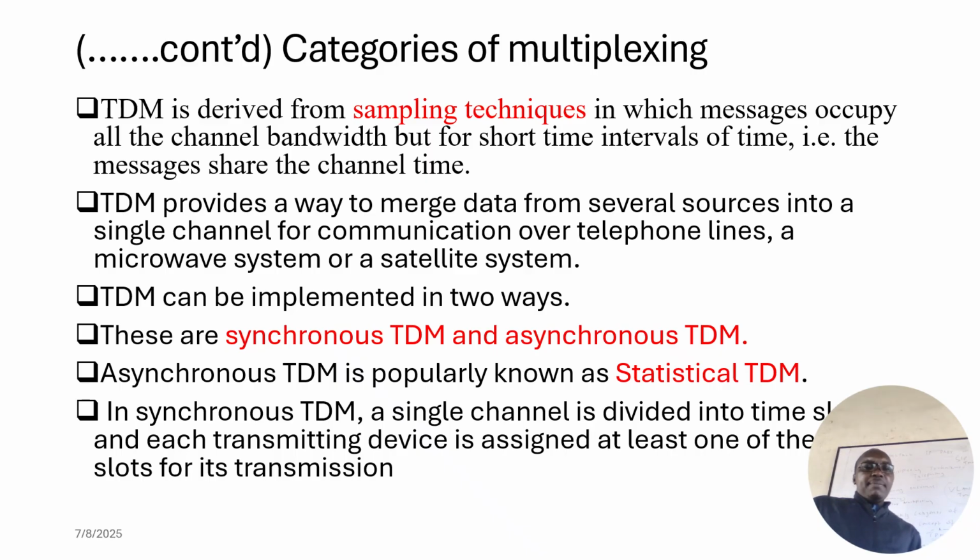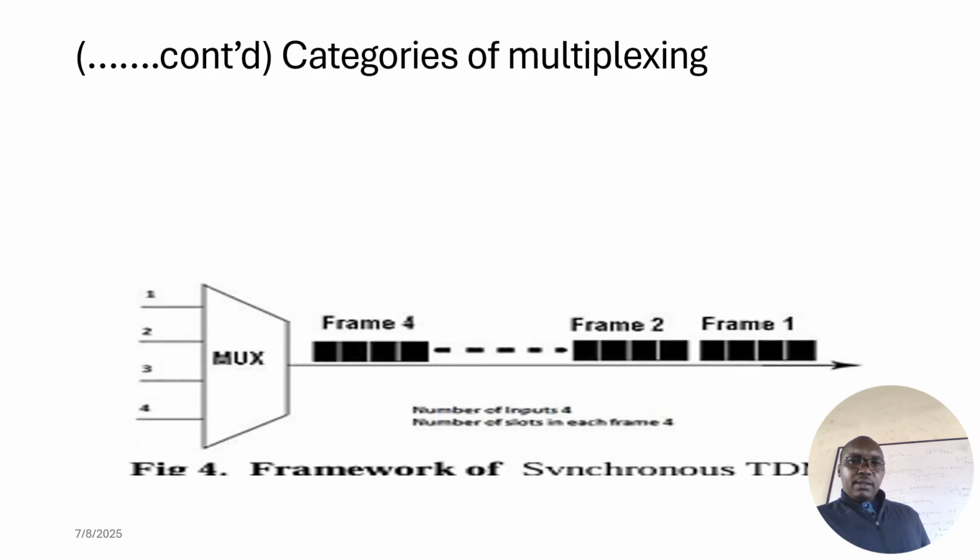In synchronous TDM, a single channel is divided into time slots, and each transmitting device is assigned at least one of the slots for its transmission. You can go to YouTube and check the difference between synchronous TDM and asynchronous TDM. Kindly also know how to draw the framework of synchronous TDM.